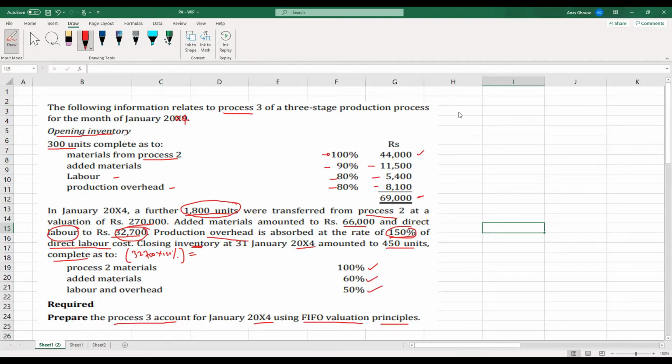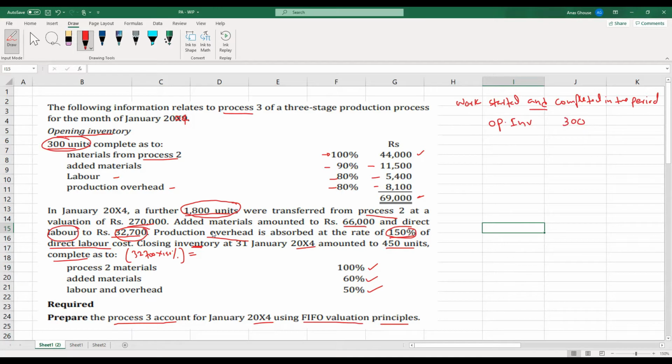First of all, we need to identify work started and completed in the period. This is very important. First of all, we'll take the opening inventory, 300 units.